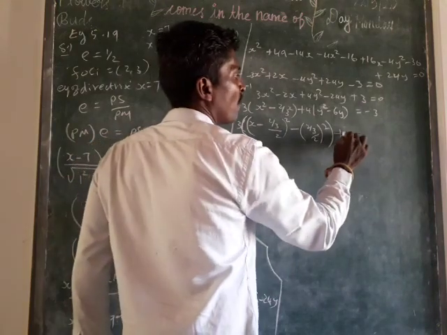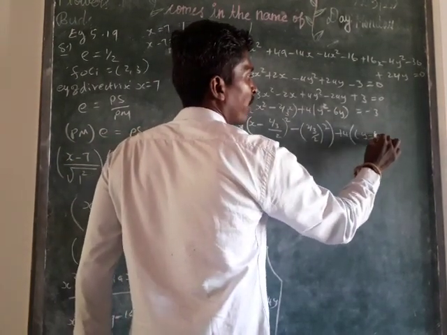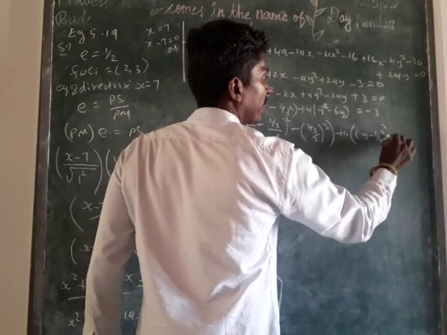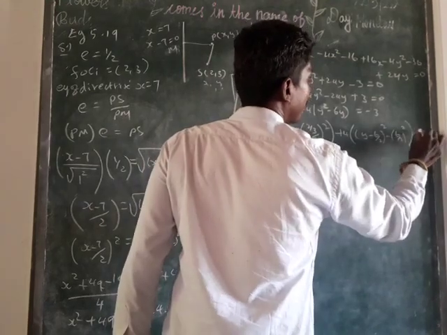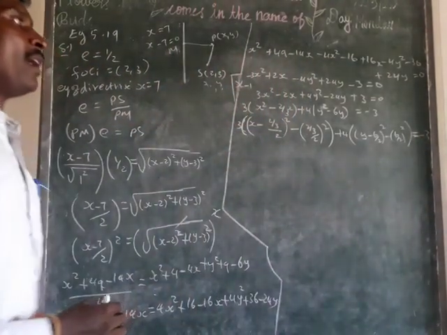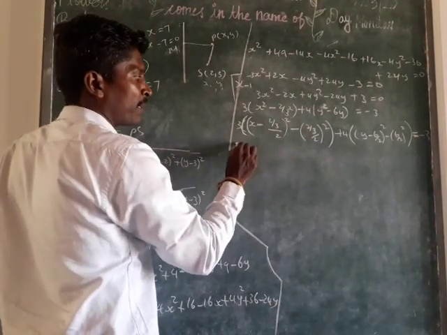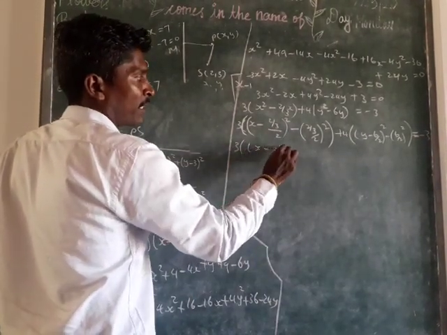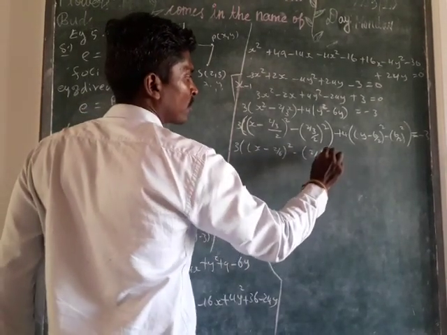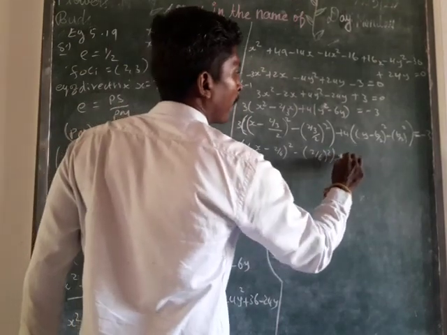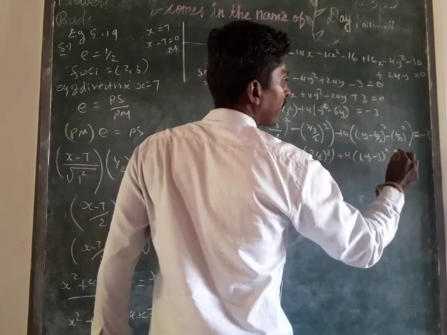Same thing here: 4 into y, minus 6 is the coefficient of y, divided by 2 the whole square, then minus 6 by 2 the whole square, equal to minus 3. Now we can multiply 3 here, it becomes 3 into x minus 2 by 6 square, here 2 by 6 square, plus 4 into y minus 3 square.